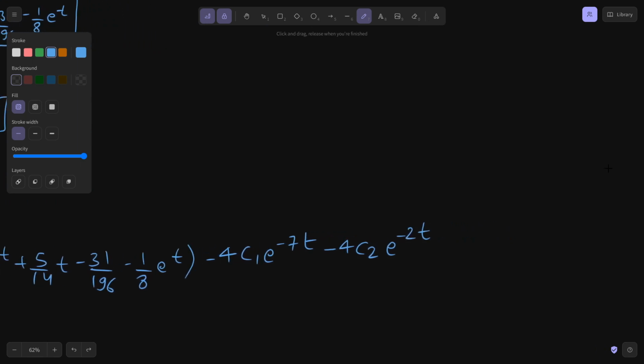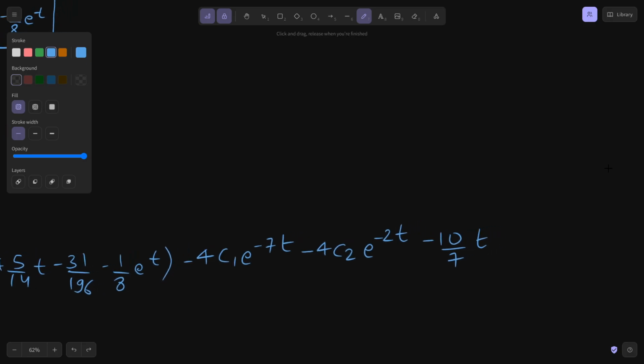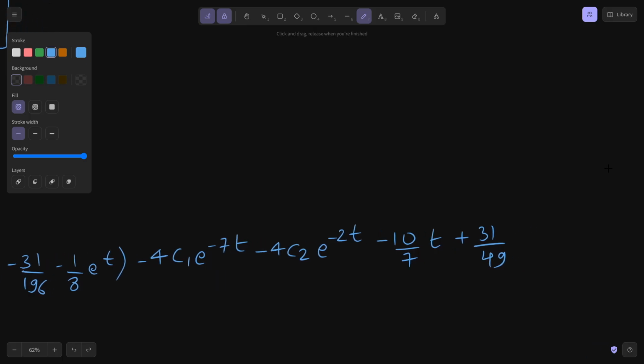In the third term if you multiply minus 4, so that will be minus 20 by 14, so minus 10 by 7, and then it becomes minus plus 31 by 49, cancelling it by 4, then it will become minus plus again, it will be 1 by 2.